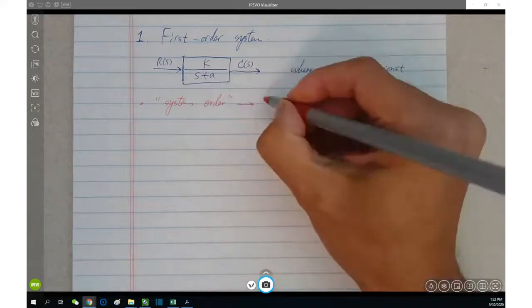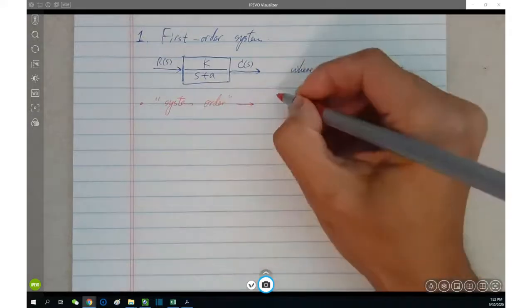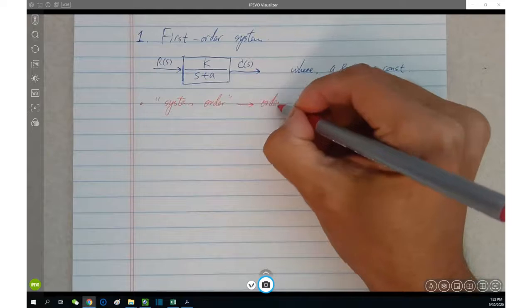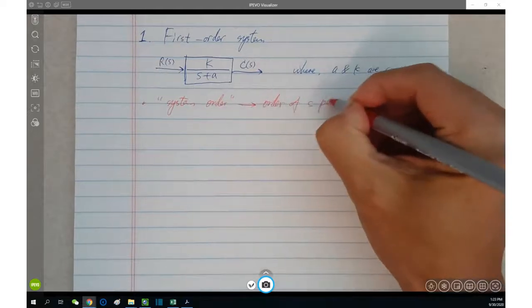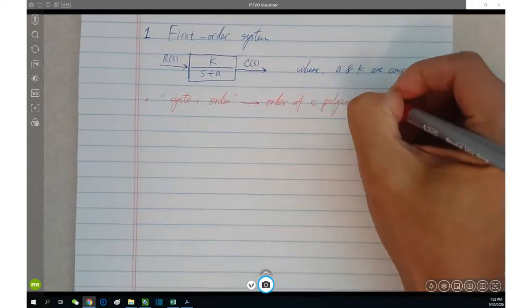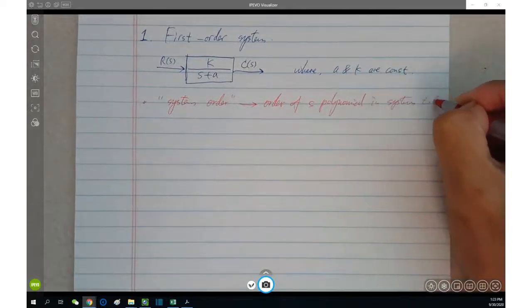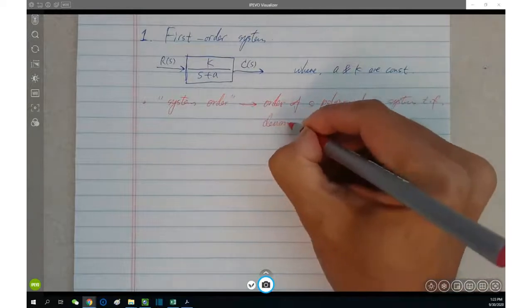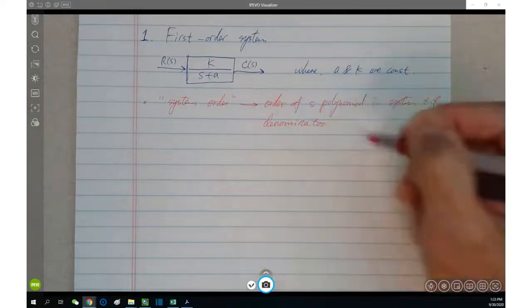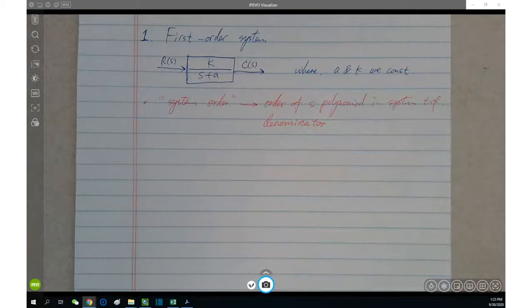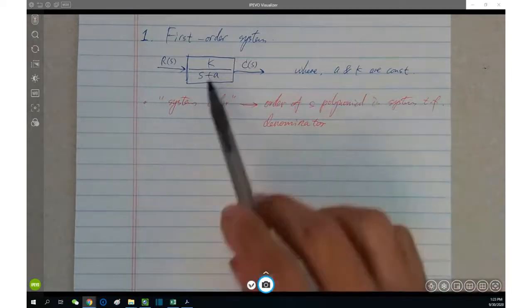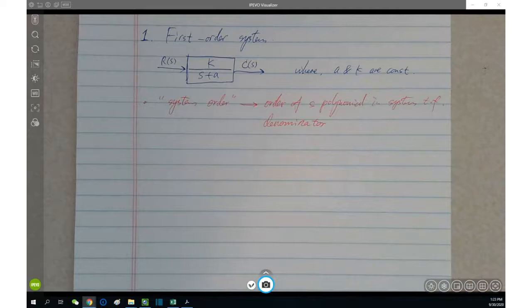So basically, system order means the order of the s polynomial in the system transfer function denominator. In this case, obviously, the denominator is a first order polynomial of s. So it's a first order system.